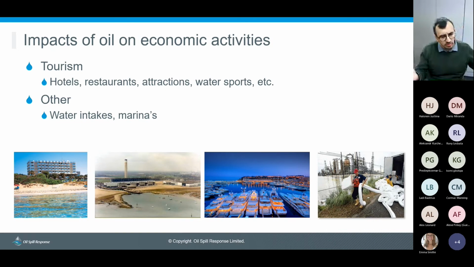Essentially, what we're talking about here is if we had to wait for the legal process to determine who was responsible and who was going to pay for the cleanup, then it may be a very lengthy delay before we saw any cleanup activities take place. So the international regimes, IMO primarily here, along with the P&I clubs, put in processes in place to allow early release of funds to pay for cleanup activities and allow remediation to take place at as early a stage as possible.